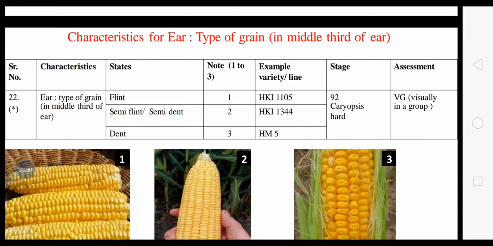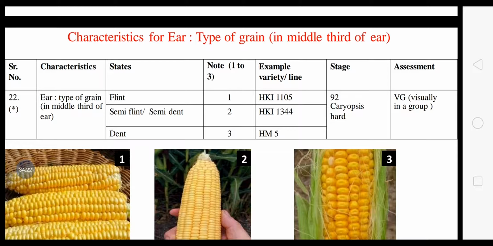Next characteristic is type of grain in the middle third of the ear. The character may be flint type, semi-flint type or dent type. Flint type is given as 1. Flint type is fully convex. Semi-flint means a little bit of convex shape is observed, and dent means somewhat concave shape is observed.